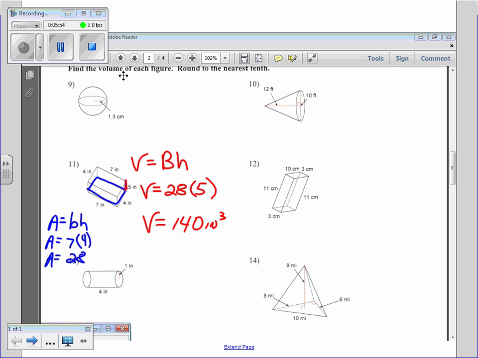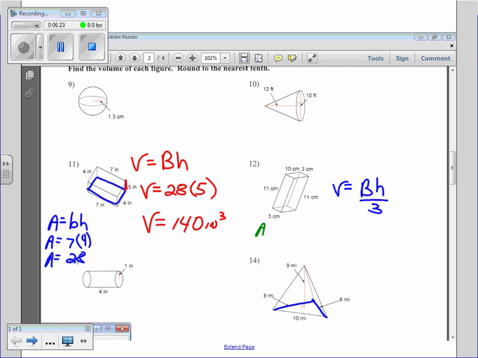The next one that I would like to do is going to be problem number 14. When I look at this, it is a triangular prism. So the formula for that would be volume equals the area of the base times the height divided by 3. Anything that comes to a point, remember, we'll divide by 3. When I look at this right here, my base happens to be a triangle. So I'm going to go ahead and find the area of that first.